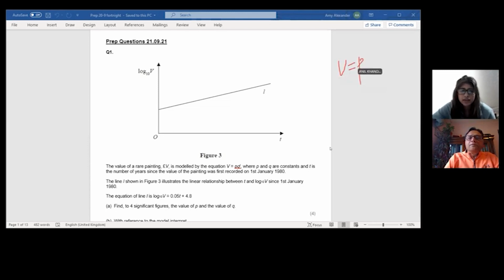The line L shown in figure 3 illustrates the linear relationship between T and log 10 of V since the 1st of January 1980. The equation of the line L is log 10 V equals 0.05T plus 4.8. Part A, find to four significant figures the value of P and the value of Q.